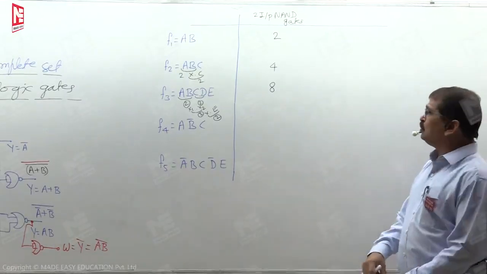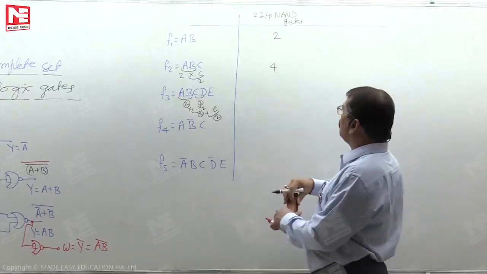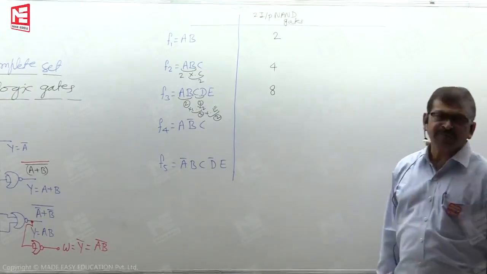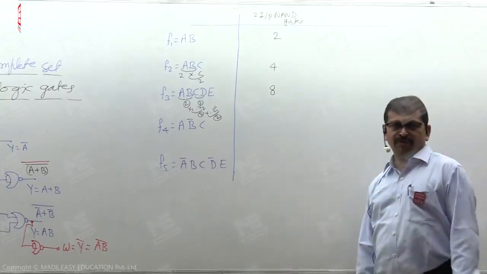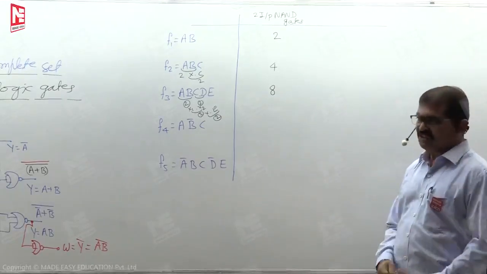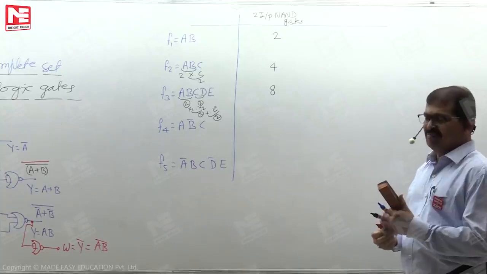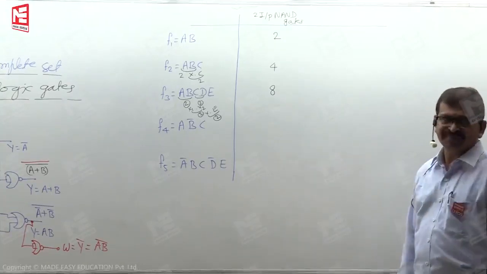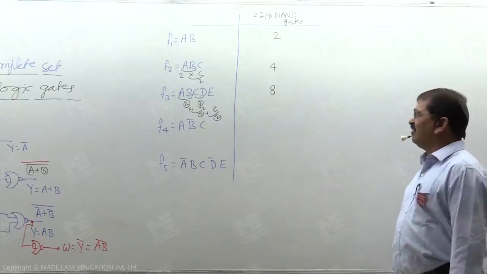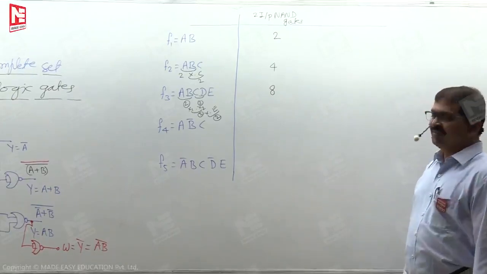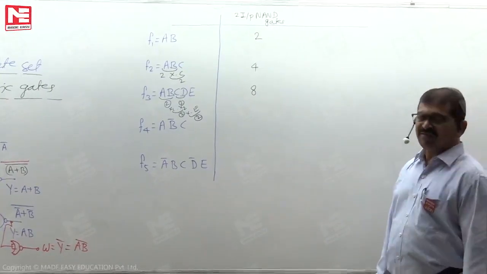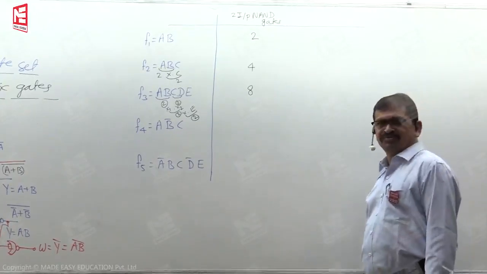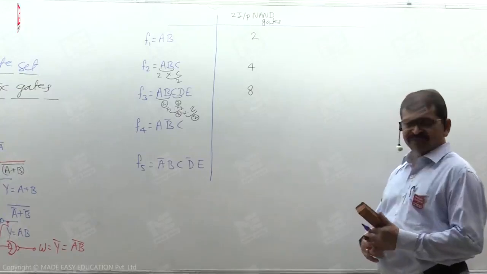While looking at these numerical values, just think, is it possible to make any formula type of approach? Can we make any formula type of approach on this question? We have the possibility, while looking at these answers, for a formula approach.